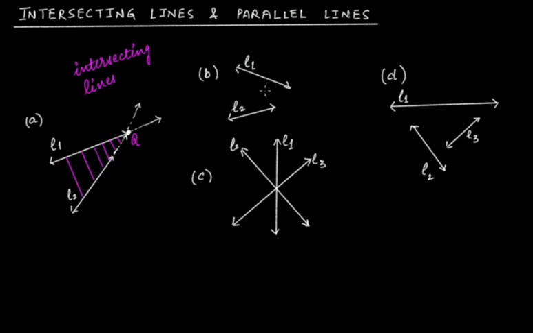Similarly, in this case, if you extend this line and this line, again you can clearly see that they are intersecting here. Let's say it's Q. In this one, the lines have already been shown as intersecting lines.